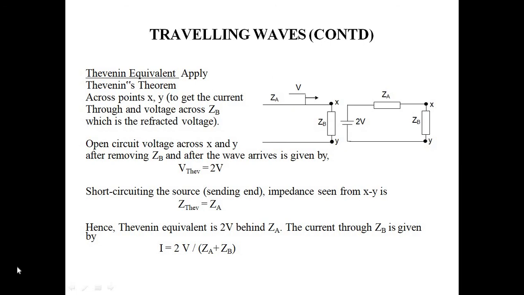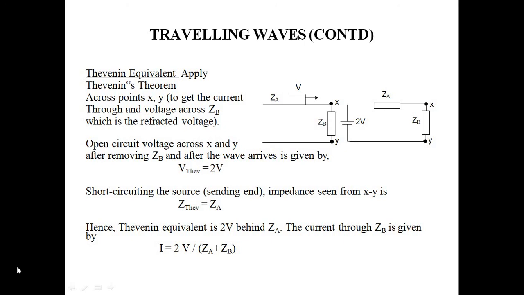Thevenin's equivalent: apply Thevenin's theorem across x, y to get the current through ZB and the voltage across it, which is the refracted voltage. The open circuit voltage across x and y, after removing ZB, after the wave arrives is given by V Thevenin equal to 2V. Short circuit the source sending end.